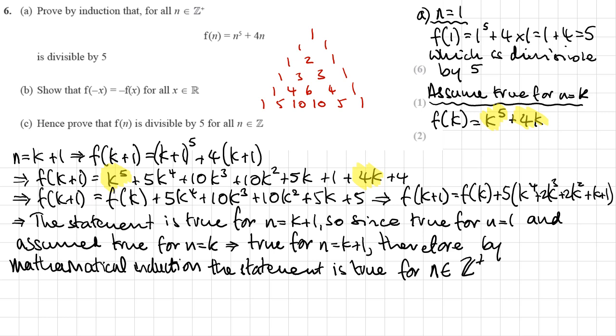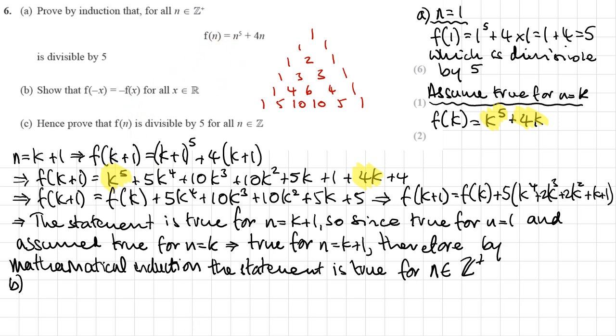Okay, let's move on to part B, and it says here that we need to show that f of negative x is equal to negative f of x for all x in the set of real numbers. That would mean that this is an odd function.